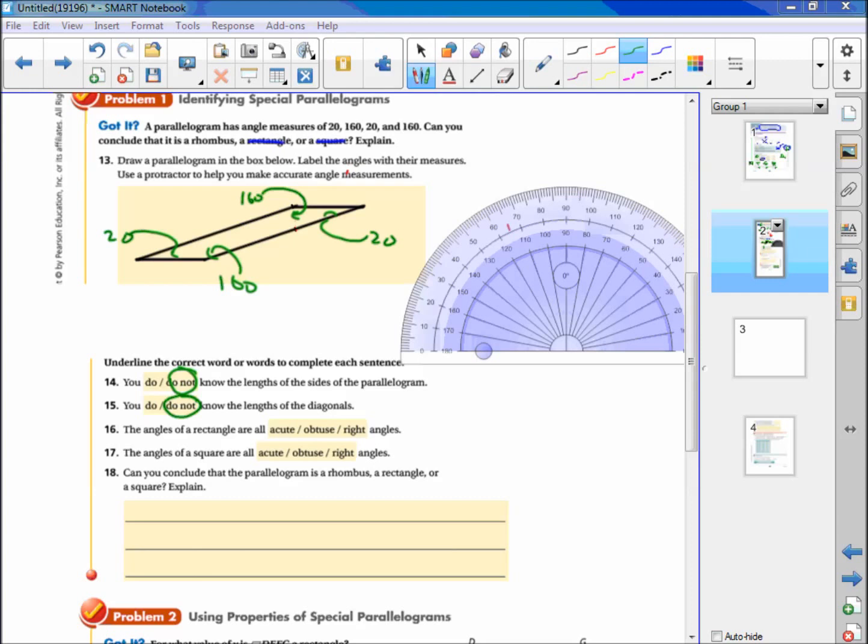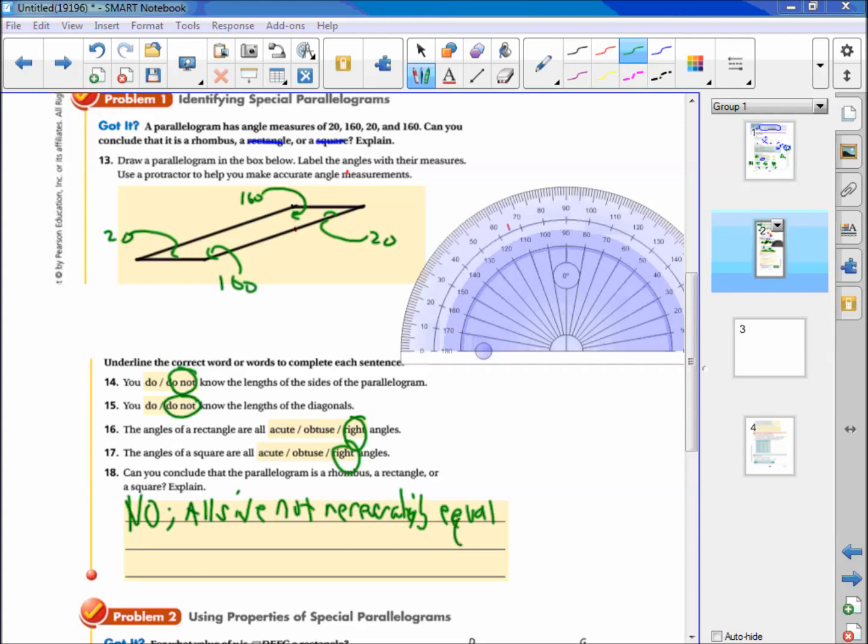Okay, the angles of a rectangle are all right angles. The angles of a square are all right angles. This is why we can mark out square and rectangle right away. Can you conclude that the parallelogram is a rectangle, a rhombus, or a square? And it's going to be no. All sides are not necessarily equal.